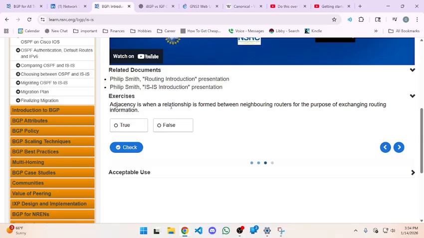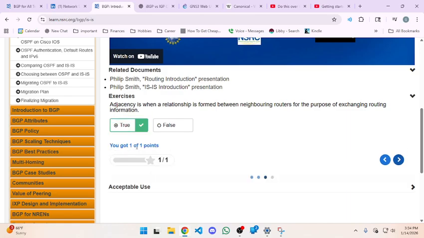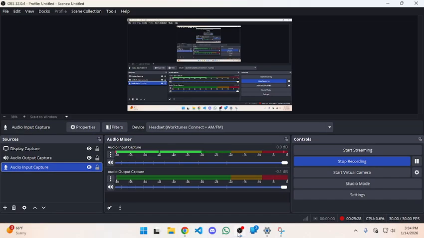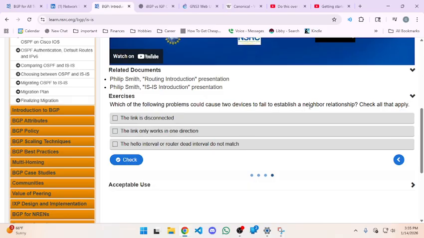Adjacency is when a relationship is formed between neighboring routers for the purpose of exchanging routing information. Yeah, sounds good to me. Okay. Which of the following problems could cause two devices to fail to establish a neighbor relationship? Check all that apply. So the link, obviously that. The link only works on one, obviously that. The hello.